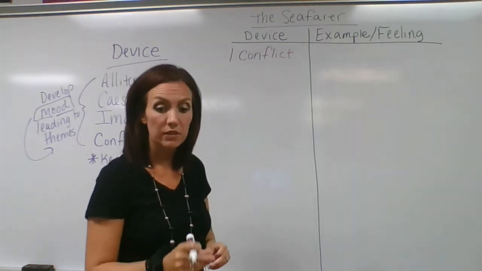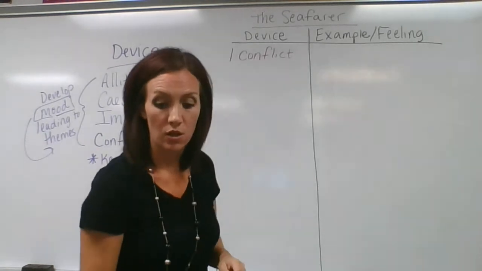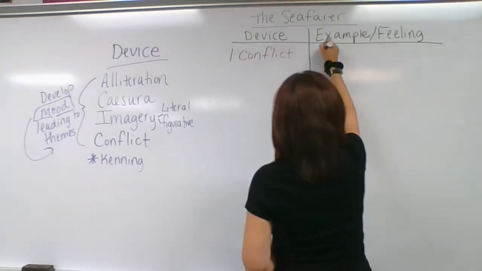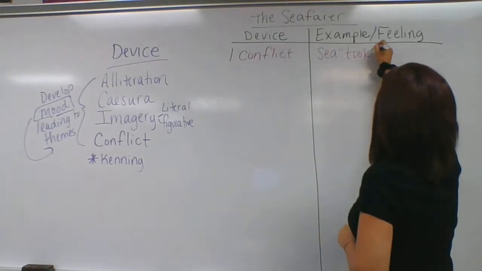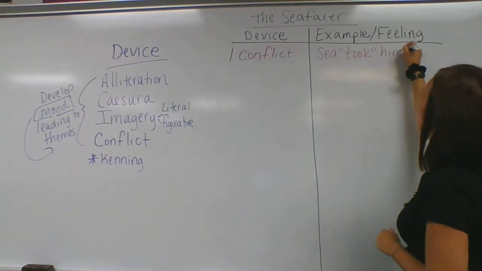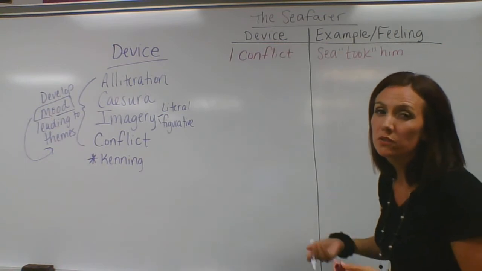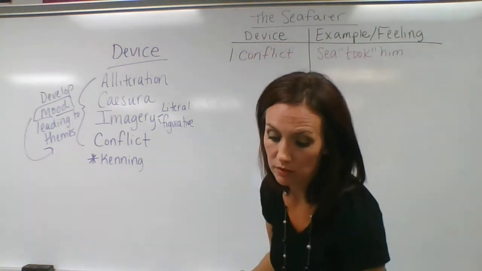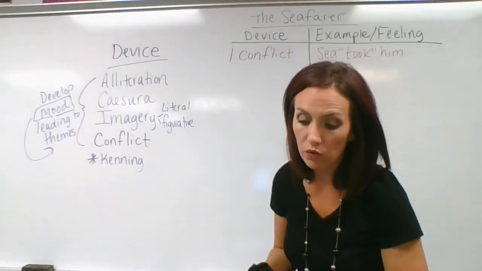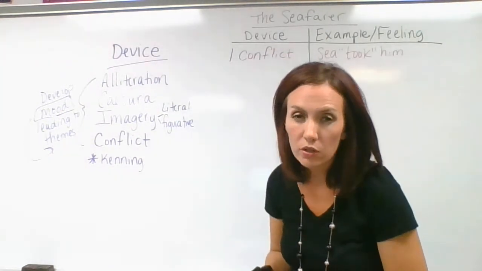The conflict seemed to be with the person and that the sea took him. I use that word because then that conflict is surrounded by the author saying it was fearful and sorrowful.